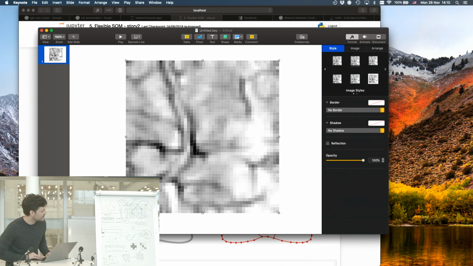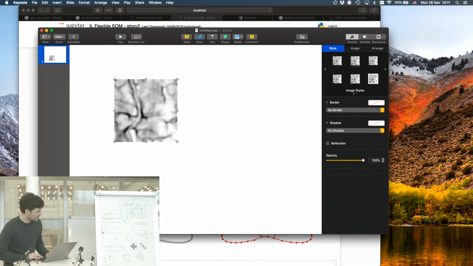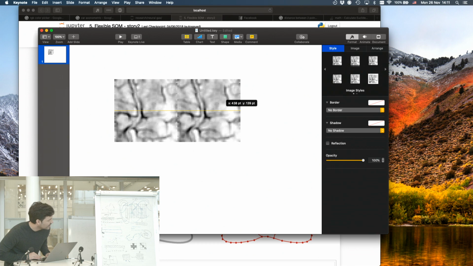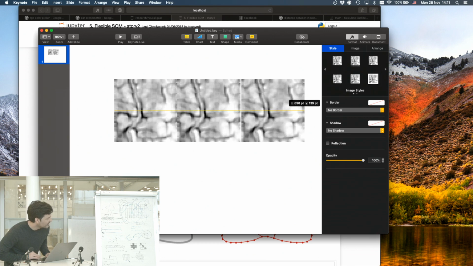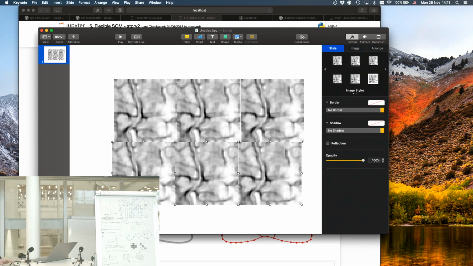I do not see my cursor. It should be able to tile it. It should continue. But right now I don't see it.